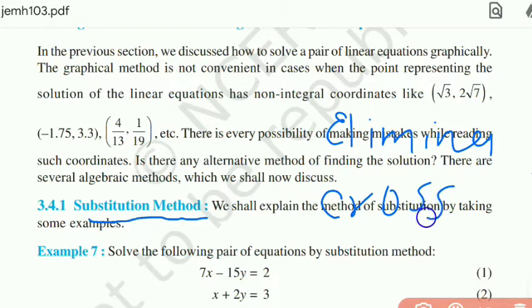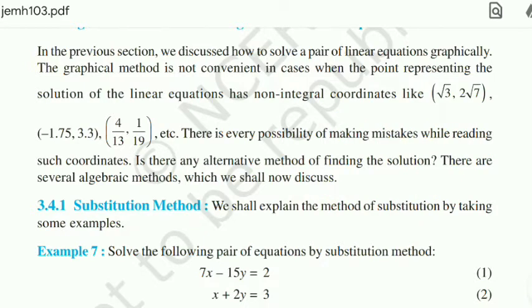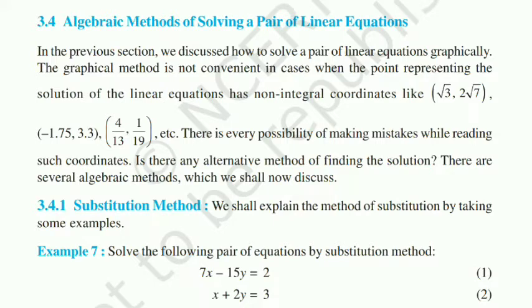Now the cross multiplication method is removed from the revised CBSE syllabus. So today we are going to learn the substitution method and elimination method to solve the pair of linear equations in two variables.